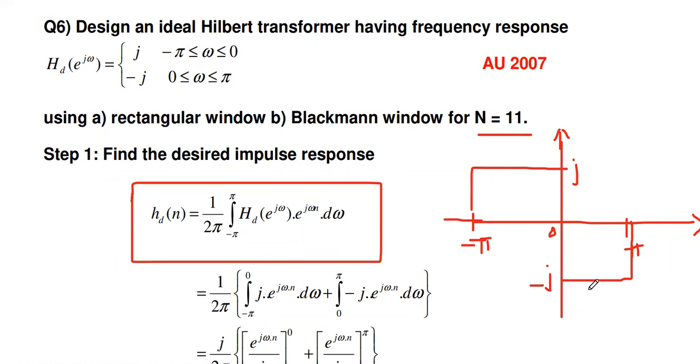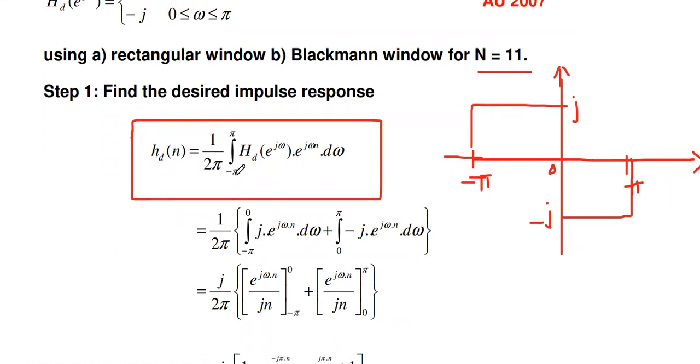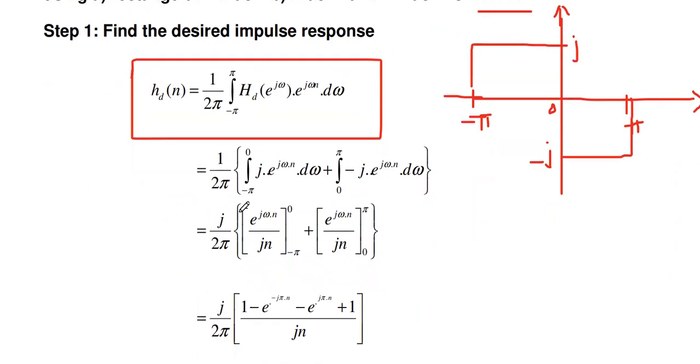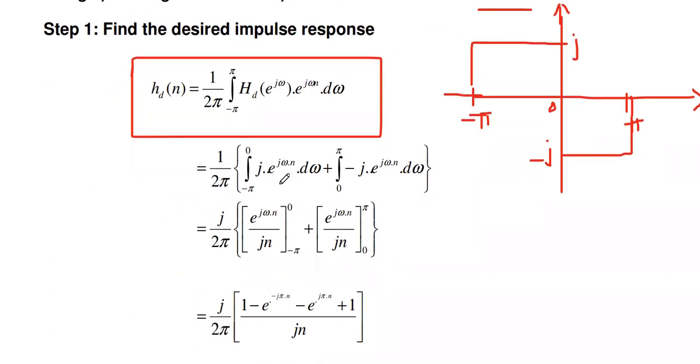The corresponding graph is drawn here. For the frequency minus pi to 0, HD of e power j omega is plus j, and for the frequency 0 to pi, it is minus j. That is why we have to split the integration limit minus pi to pi into two: one is minus pi to 0 and the other is 0 to pi.